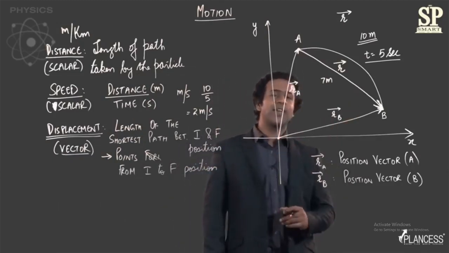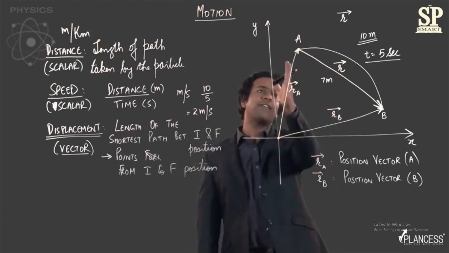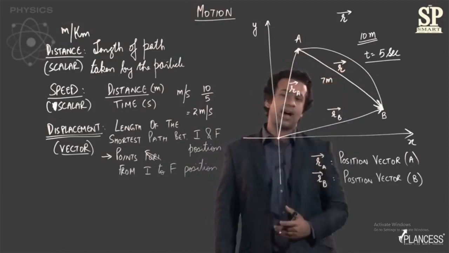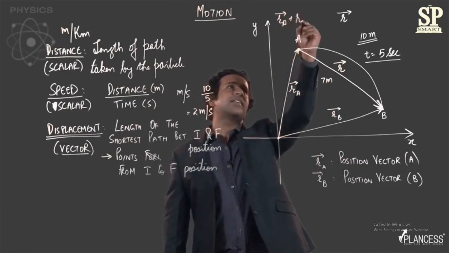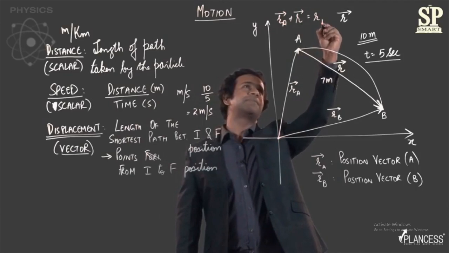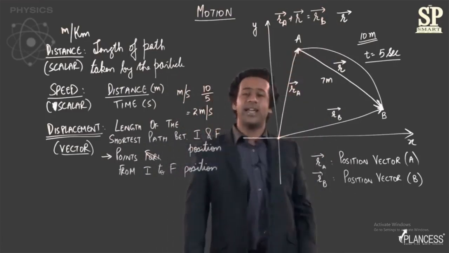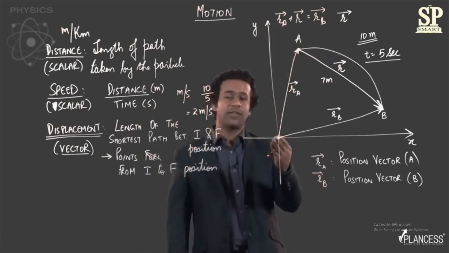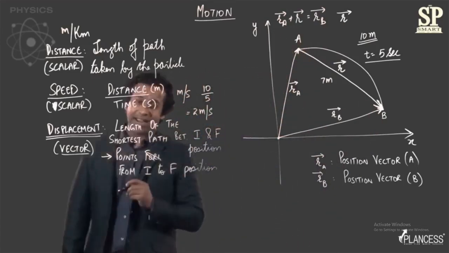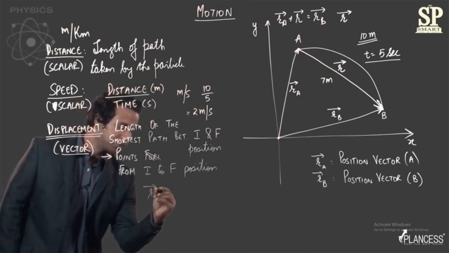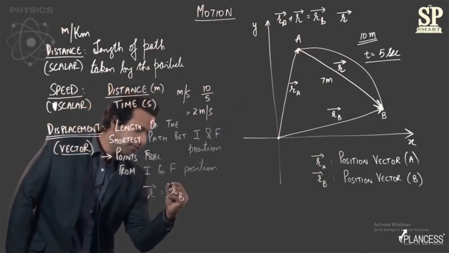Looking at this figure, RA and R are placed such that the head of vector RA is at the tail of vector R, which means I can write that RA plus R should be equal to RB. This comes straight from the triangle rule. Since the head is on the tail, the resultant vector will be from the tail of the first vector to the head of the second vector. If that is the case, I can write the displacement vector as the difference between RB and RA.